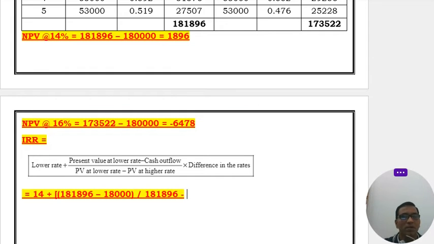PV means total PV of cash flow, 173,522. Multiply with difference in the two rates, difference between 14 and 16 is 2.